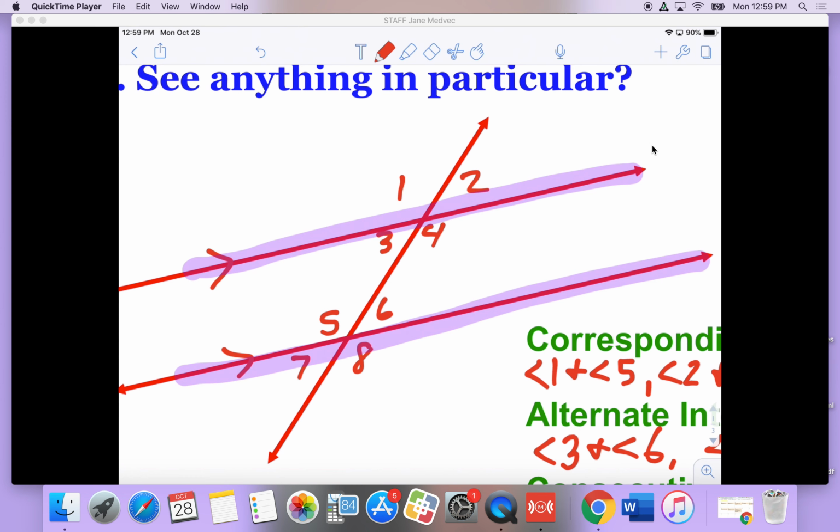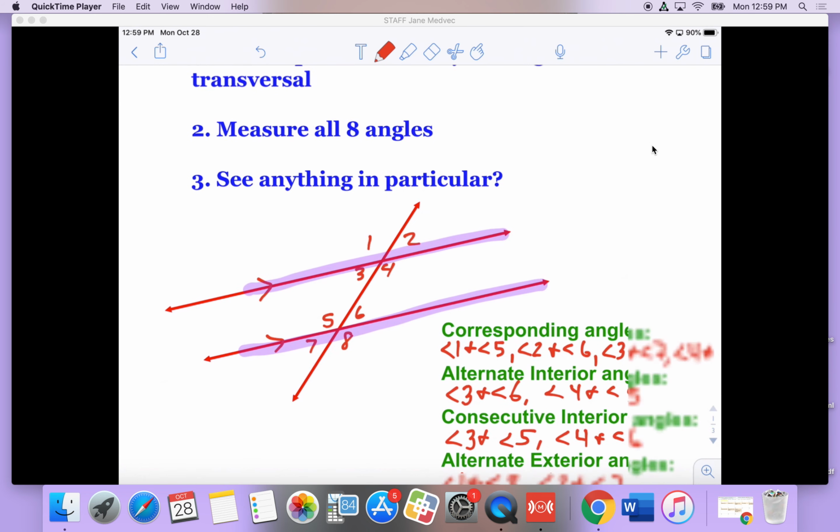Now, let's look at a little bit of the relationships that are going on with these angles. If I take a look at the alternate interior angles, like angle 3 and angle 6 and angle 4 and angle 5, I can't prove it. But if I were to look closely at these right now, how are they related to each other? Yeah.